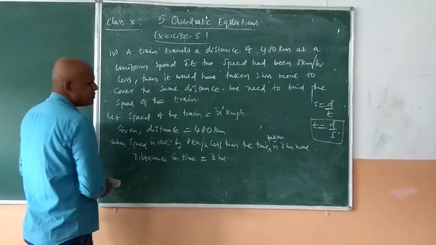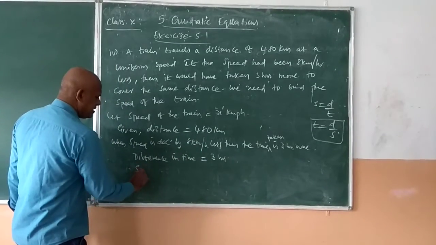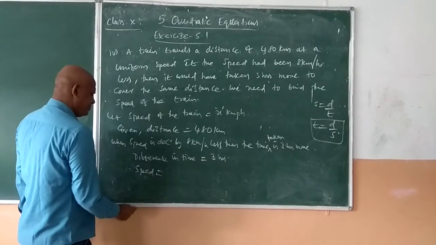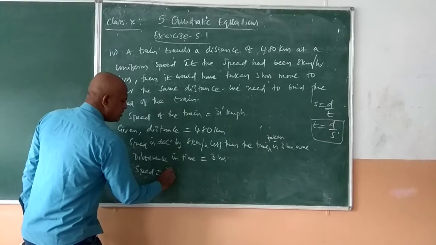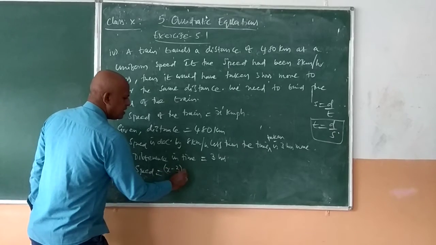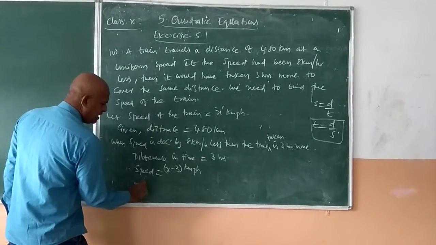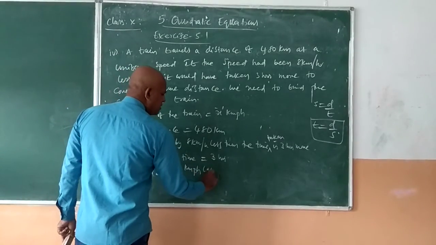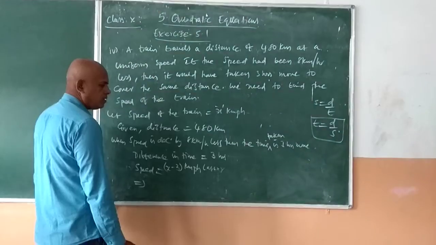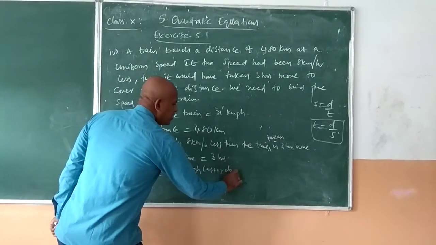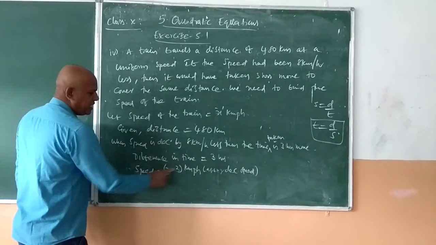When the speed is decreased by 8 kilometers per hour, the speed is equal to x minus 3 kilometers per hour.